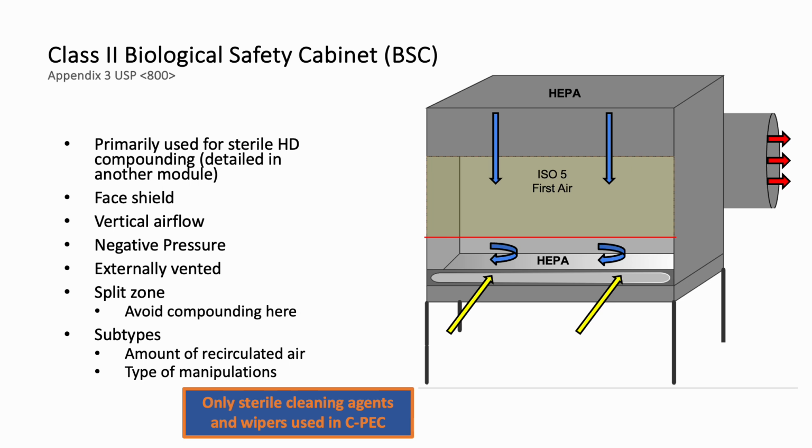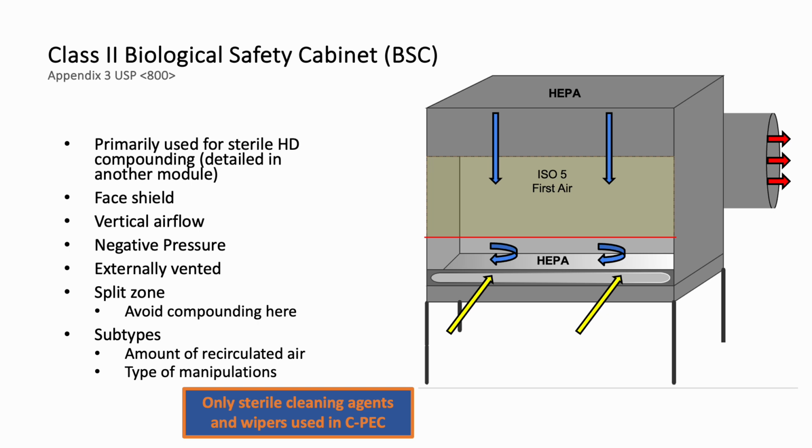There's also Class 2 biological safety cabinets, or BSCs. These are primarily used for sterile hazardous drug compounding, and we'll talk about these a little bit later. But there's a face shield that comes down and sits at a precise location where the manufacturer knows that it contains and helps maintain the environment and contains any contamination within that biological safety cabinet.